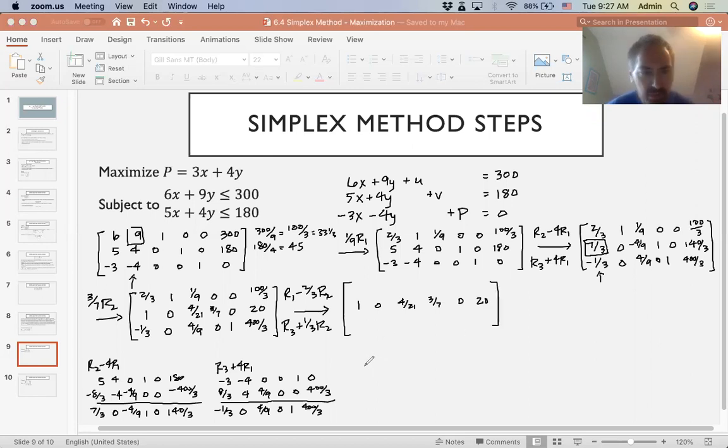All right, we'll come down to our scratch work and have R1 minus 2/3 row 2.